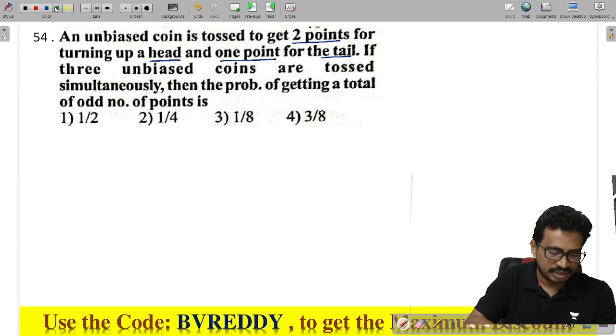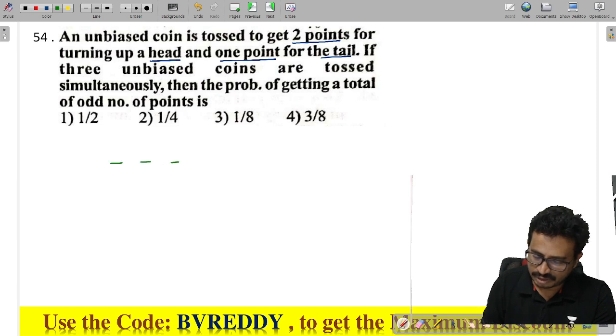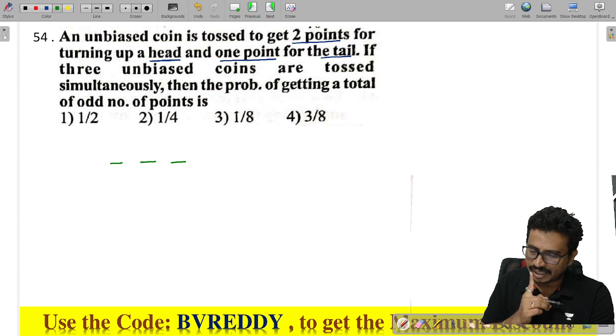You see here, how does this odd number of points happen? For that purpose, we have 3 coins. In these 3 coins, if I get a head, I will get 2 points.